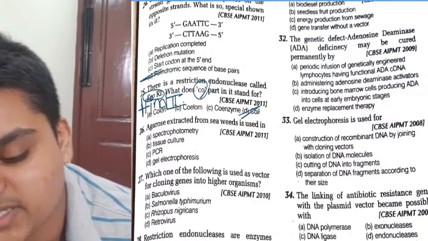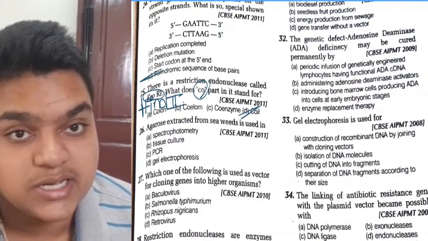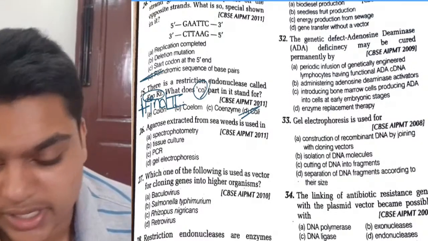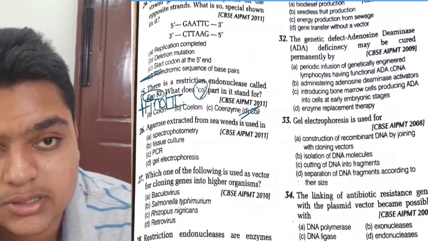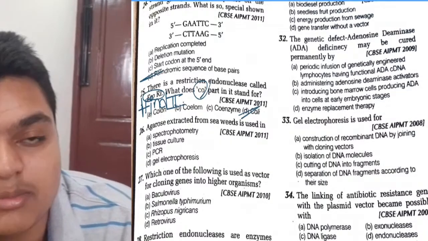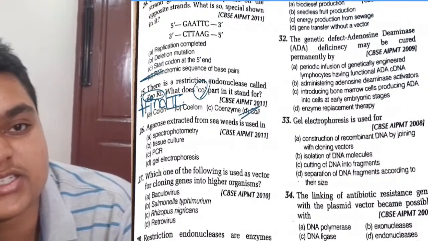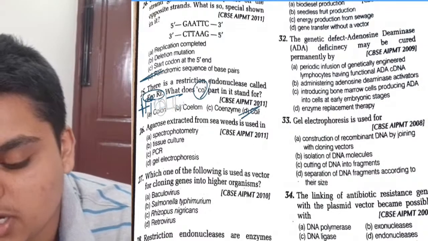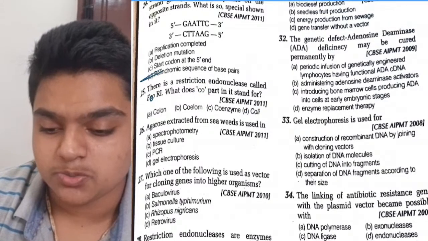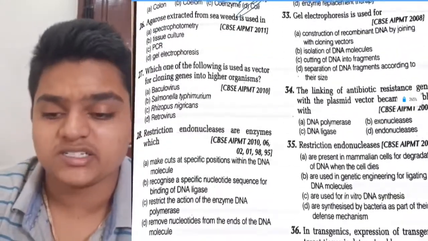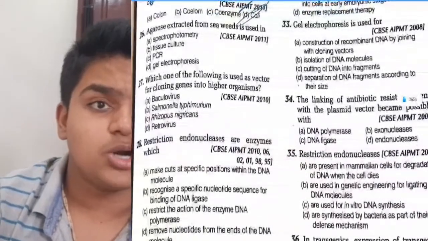What does D represent? Yes, D represents its strain. What does IN represent? Hemophilus influenzae, guys. Influenza species. So influenzae is your IN. Clear? Come on, let us move on.